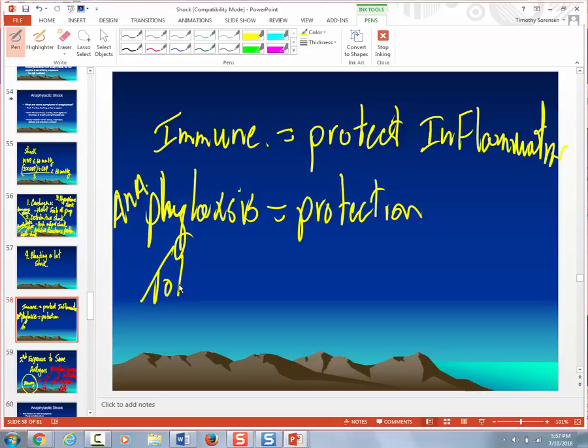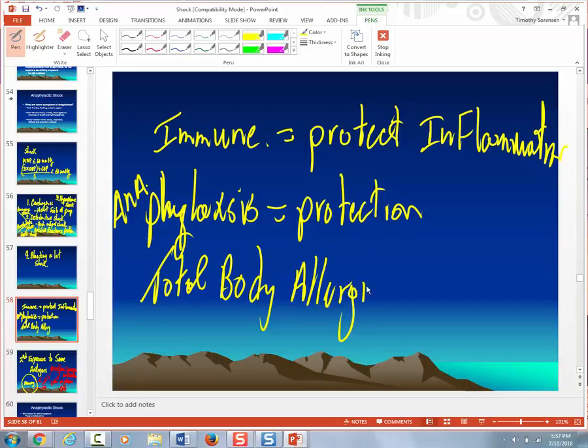That is a total body allergic reaction. So anaphylaxis and allergies in general are one time the body does stuff that doesn't make sense. They're overreacting to something that they shouldn't overreact to.